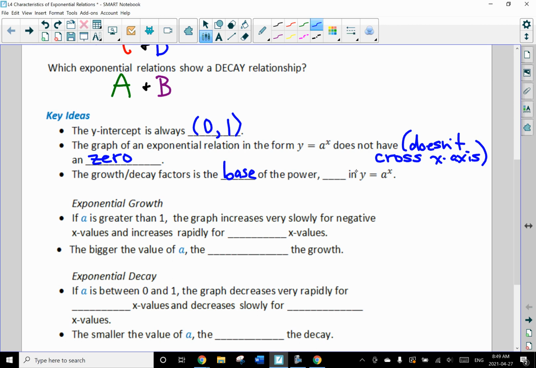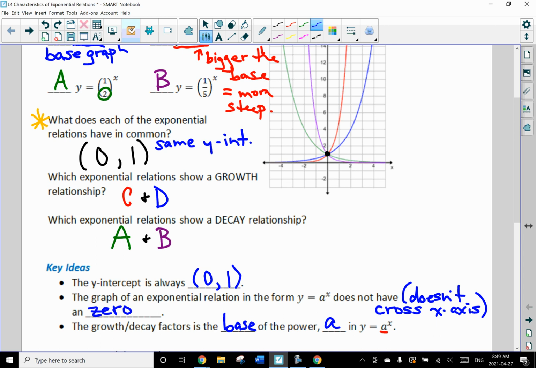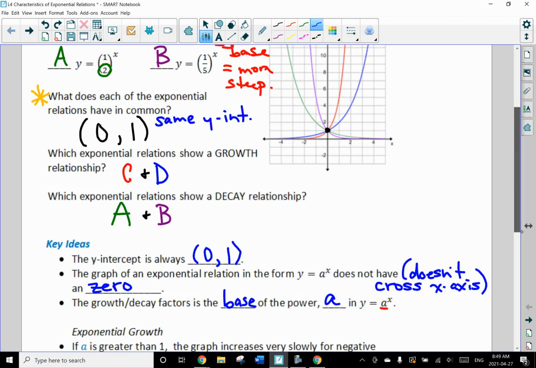So if we're looking at this example here, the base is the A. When we were up here, we were talking about how the base is 2, the base is 5, the base is 1/2, the base is 1/5, and we looked at the differences in those graphs.